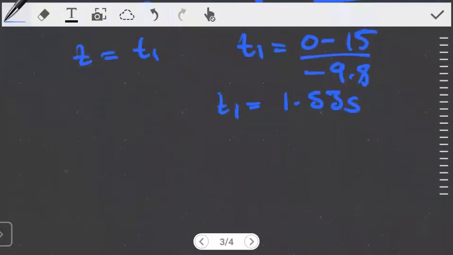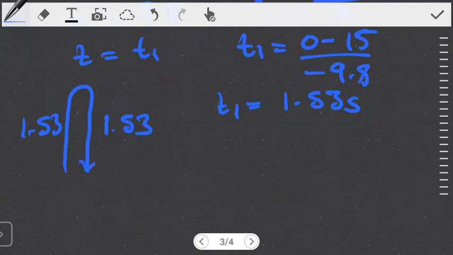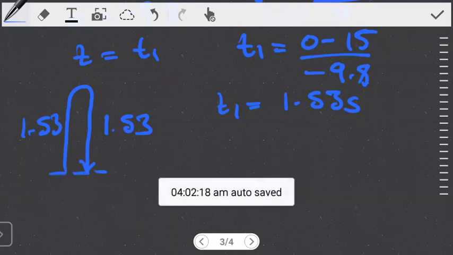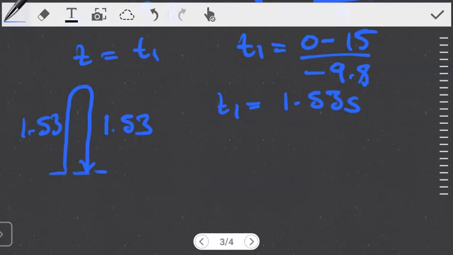After getting T1, the total time will be the time it takes for going up and coming down. To go up, it takes 1.53. To come down again, it takes 1.53. So if you add these, you get the total time going up and coming down. But this is only true because it is caught at the same level it was thrown from. If it was caught somewhere higher, or if it fell to a point lower, we wouldn't have used this method.